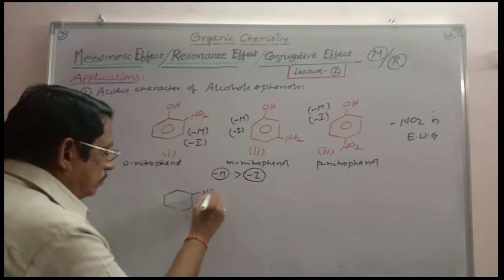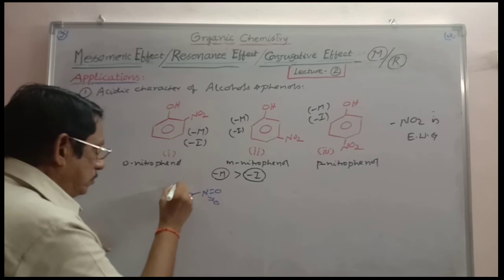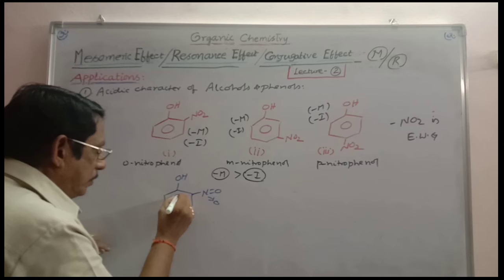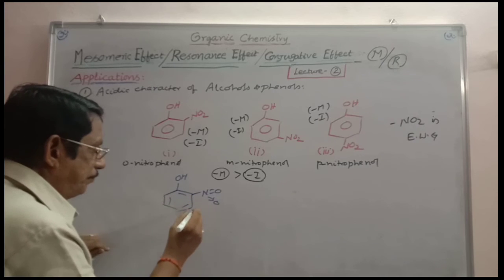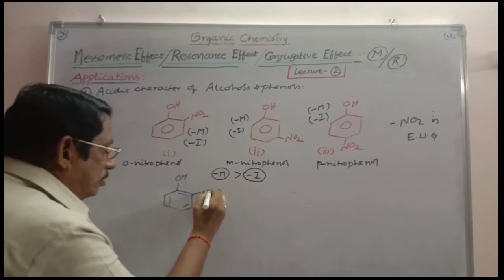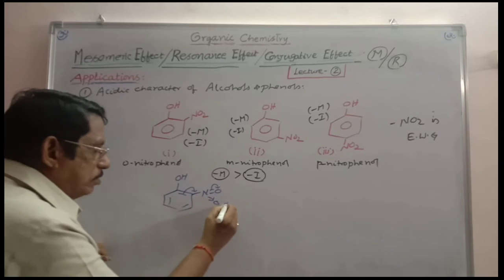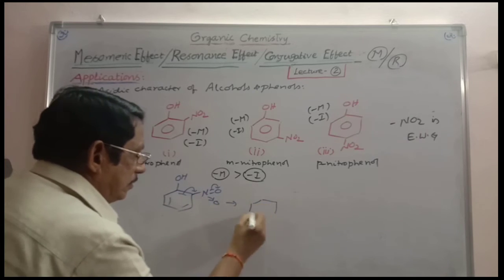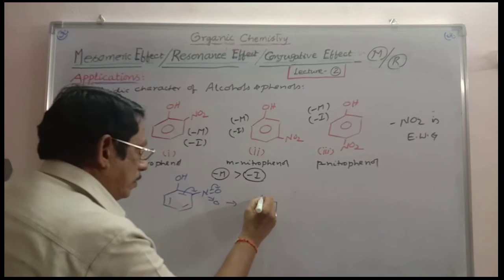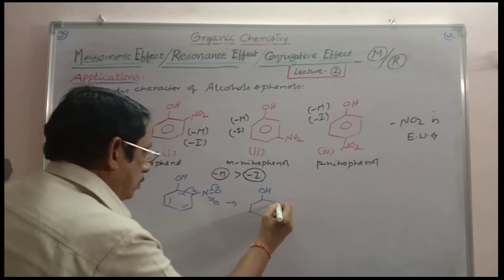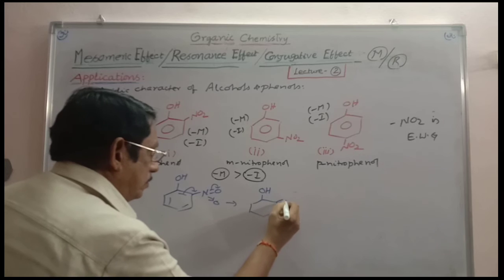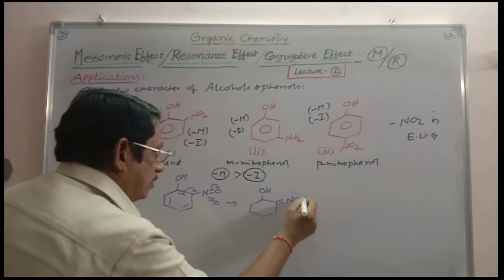This is the NO2. This is OH. These are the bonds. And here the bond is polarized. It is pulling the pi electron cloud towards it. And thereby, what is going to happen here? Just observe. OH, double bond, right, directly you can write NO2 minus.